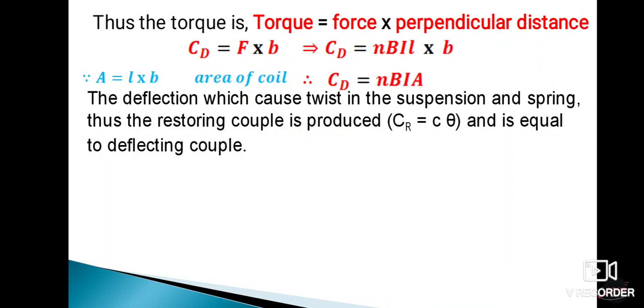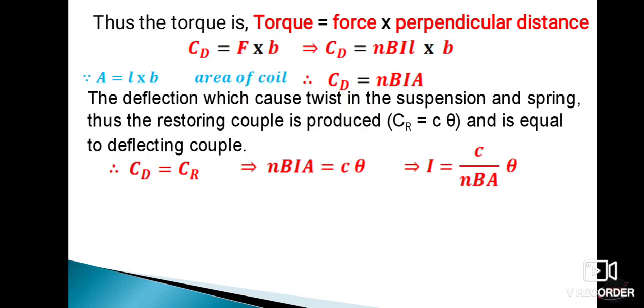So whenever the deflecting couple and restoring couple become equal, we get the twist in the suspension and the spring. Therefore, CD is equal to CR, that is deflecting couple is equal to the restoring couple. That implies CD, which we have already calculated as NBIA, is equal to CR, and CR is nothing but C into theta.